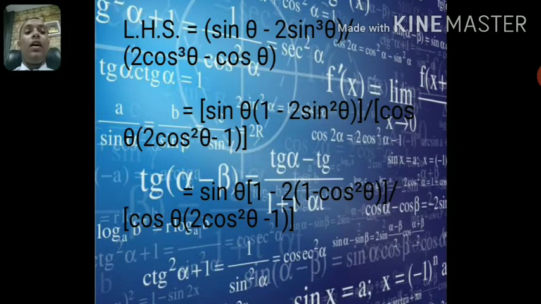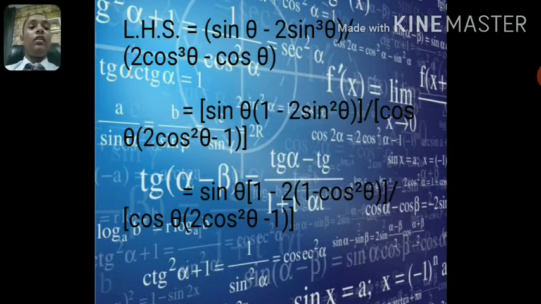So our next step will be sin theta multiplied by 1 minus 2 in brackets 1 minus cos square theta, bracket close, divided by cos theta multiplied by 2 cos square theta minus 1. As we know that sin square theta is equal to 1 minus cos square theta, so here we have done that.